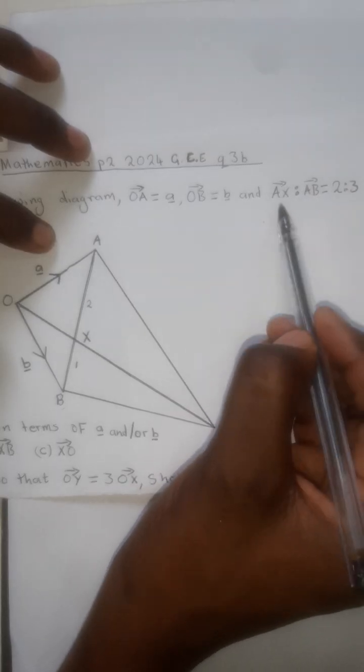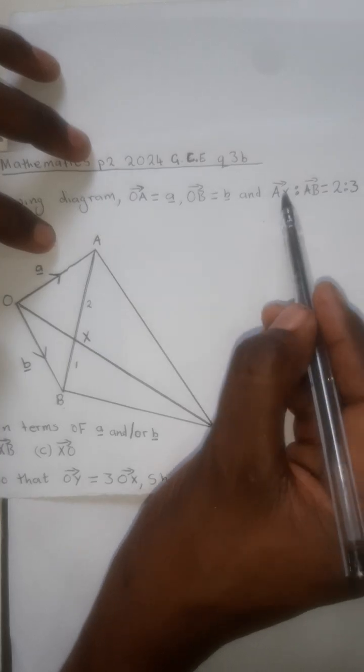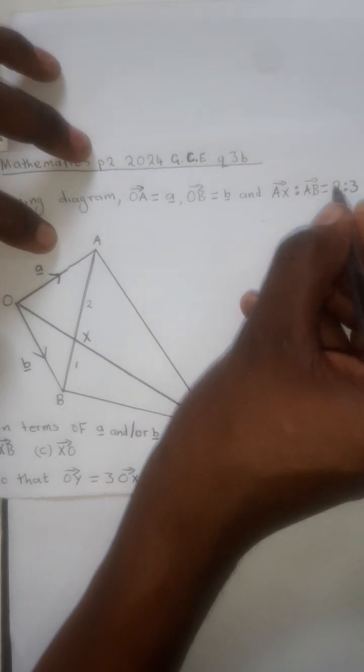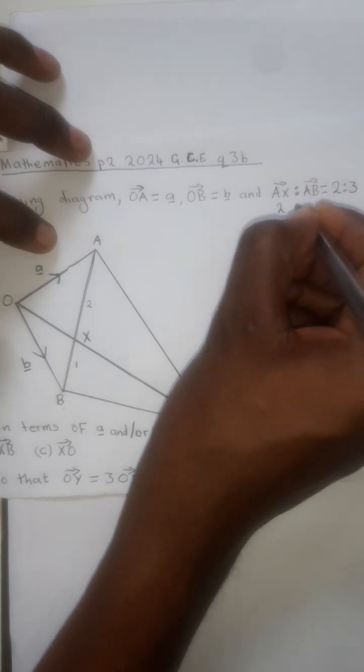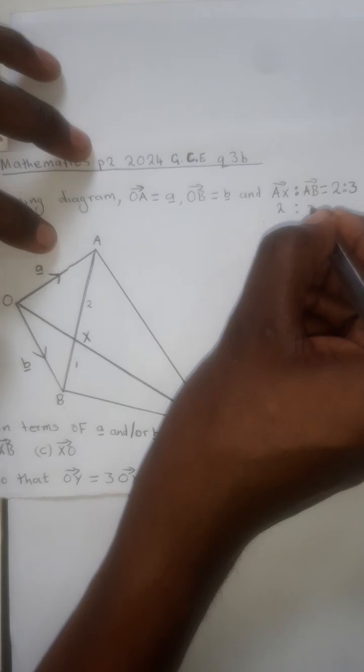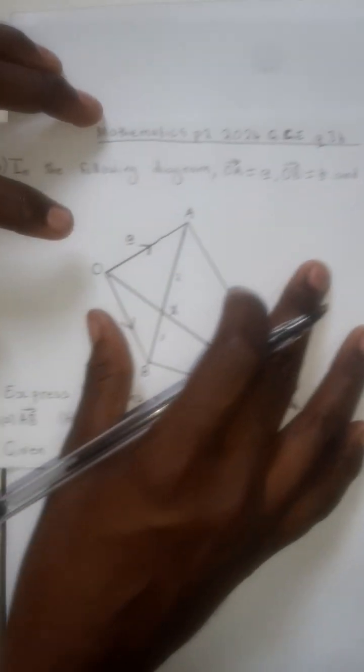So they've given us some ratios here. So they're saying AX, so the ratio for AX is what? 2. Then the ratio for AB is what? 3.